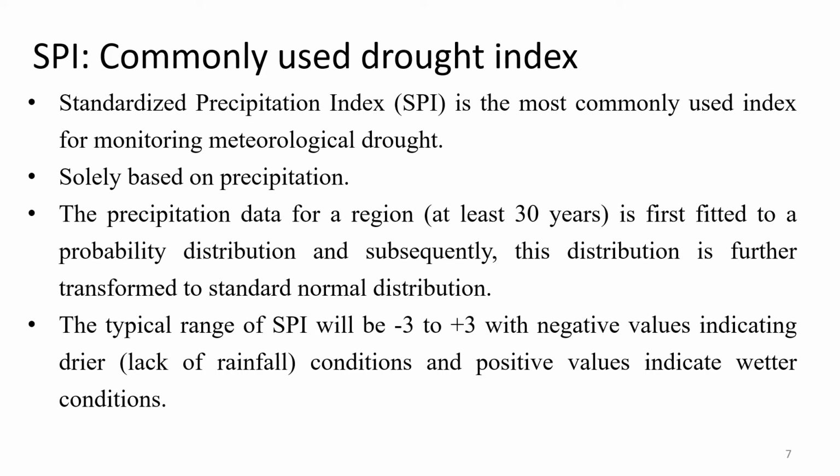Once we have a probability distribution, we convert it to a standard normal distribution with mean zero. Most widely, precipitation data is converted to, for example, a Gumbel distribution. There are different distributions in hydrology that we can use.